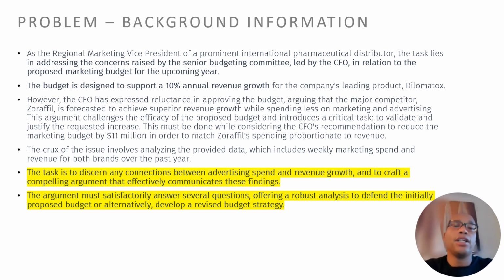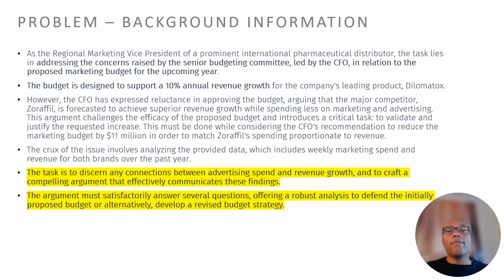So the crux of the issue involves analyzing the data, looking at the spend, looking at the ROI from year to date, really understanding how that marketing dollar stretches, what it's delivered. The task is to discern any connections between advertising spend and revenue growth, and to subsequently craft an argument that effectively communicates these findings.